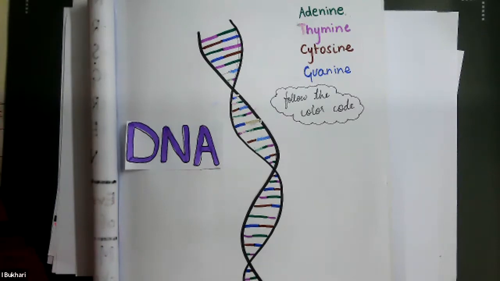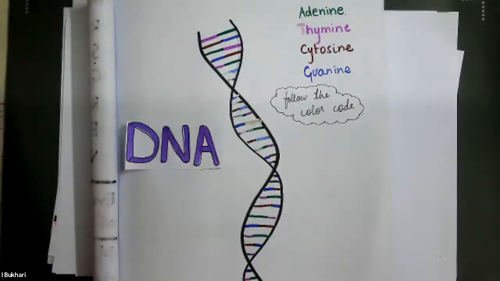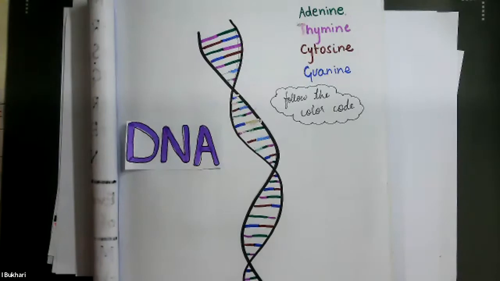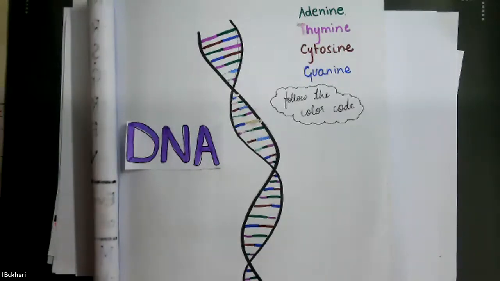Basically, I just wanted to add one point. There are different levels of similarity between DNA. Organisms which belong to the same species have a lot of similarities in their DNA. The more the similarity, the more closely related the organisms are, okay? The more distant the organisms get from each other in terms of relationship, the more the differences in DNA.